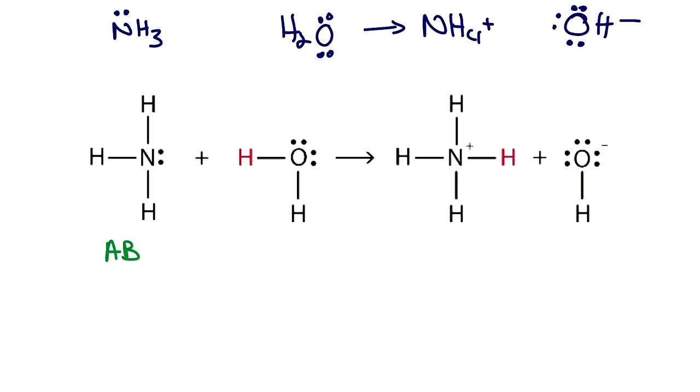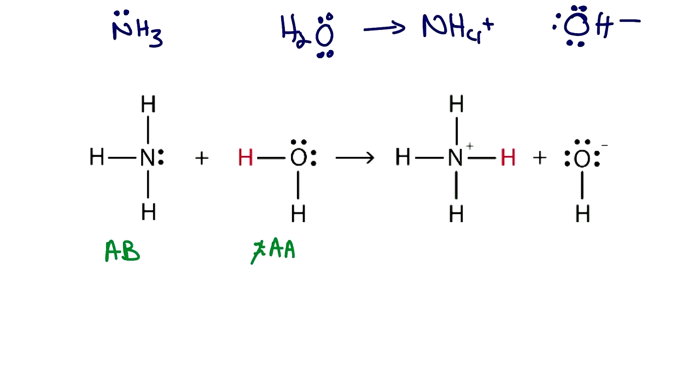In that case, the Arrhenius definitions kind of break down a little bit because they're too specific. If NH3 is our Arrhenius base, you might want to say that the water is the Arrhenius acid, but again, our definition breaks down here, and it's probably not appropriate to call water our Arrhenius acid.